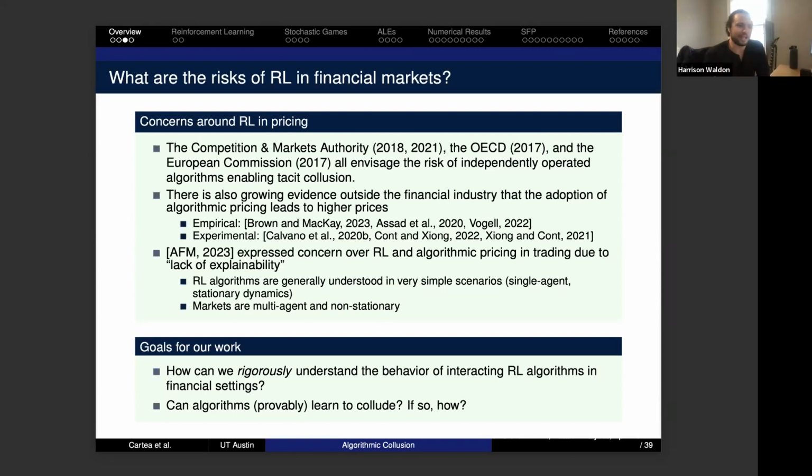However, a limitation of the existing work on this subject, and the work mentioned here, is that the study of the algorithms generally lacks theoretical rigor. They take a simulation approach by just simulating the algorithms and seeing what they learn.